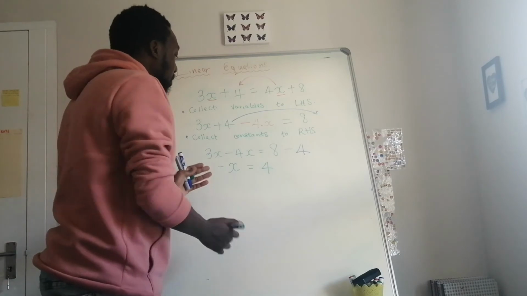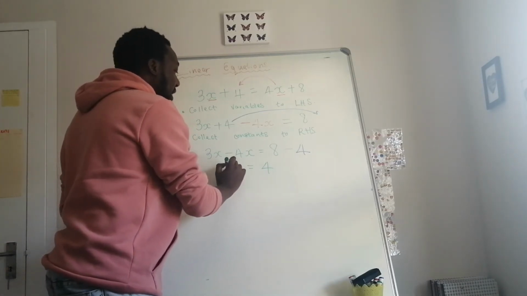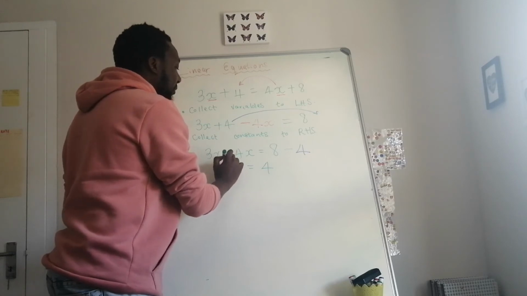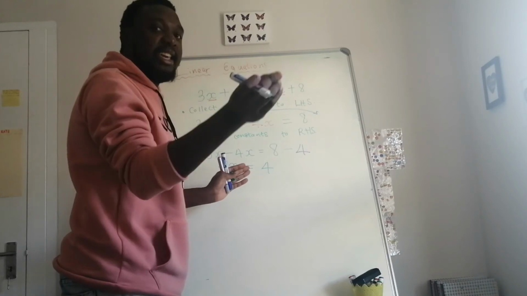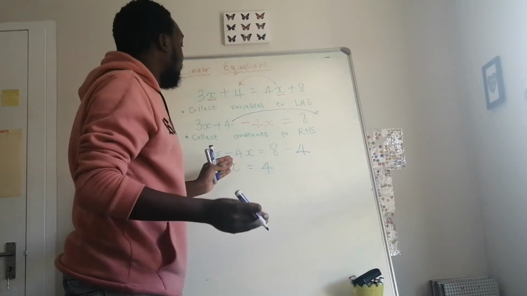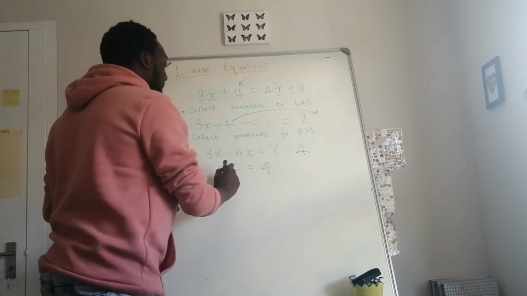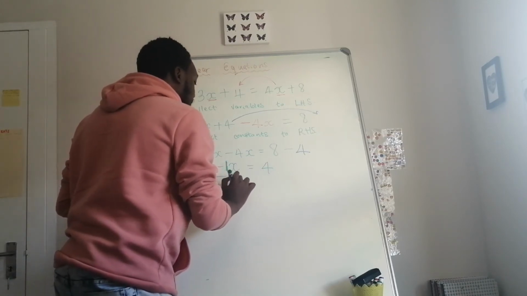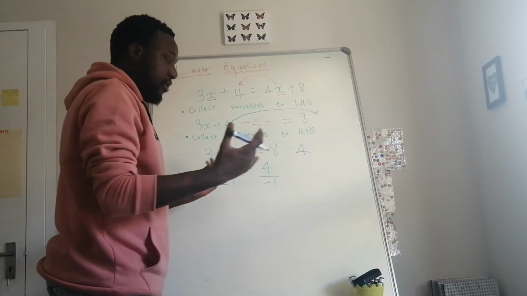So remember, when there's a negative x like that, it's as if there's a 1 there. We don't write the 1, but we know it's there. Do you get what I mean? And so how do I get rid of the coefficient of x there? I divide by it. Divide by negative 1 there. Right?